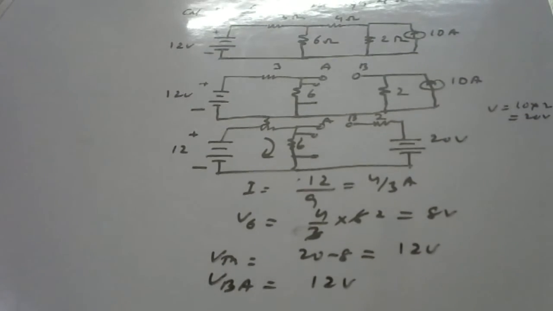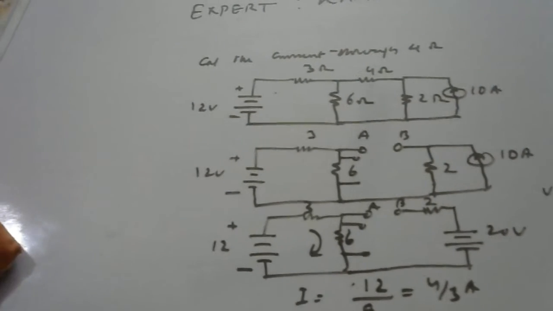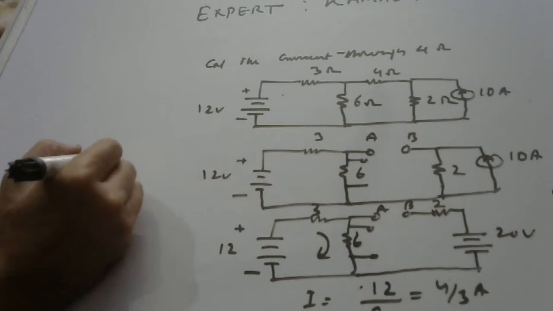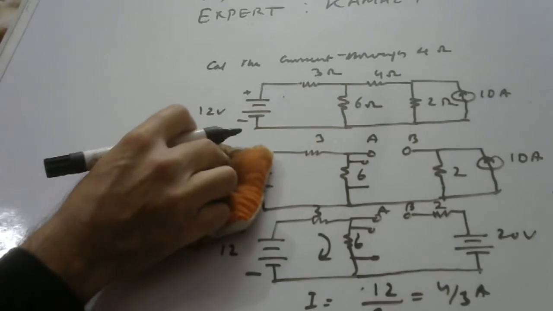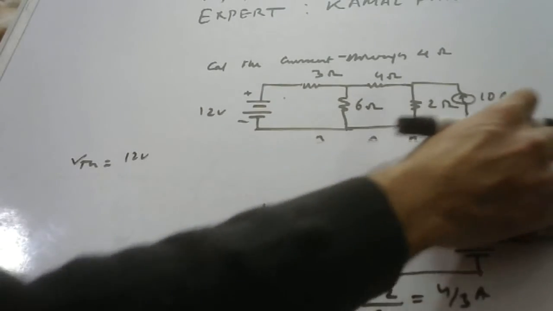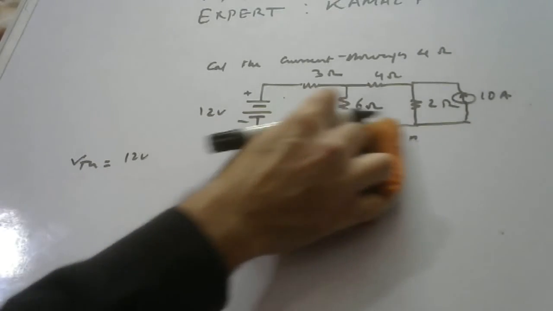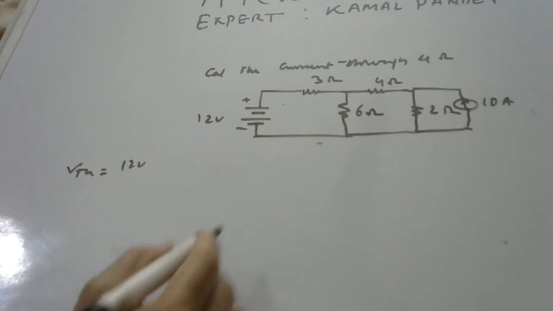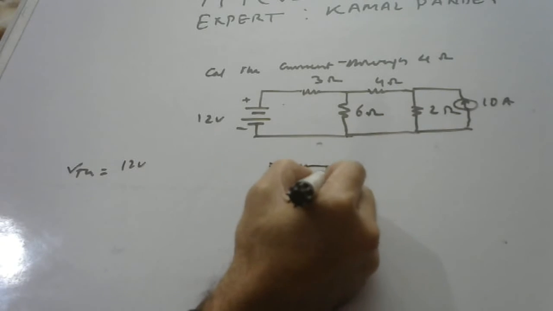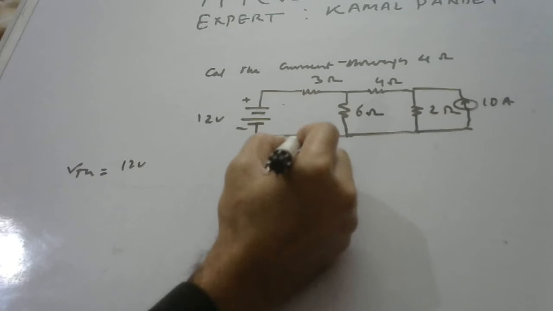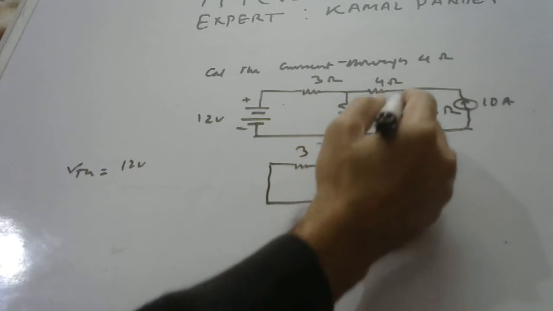Next we calculate the resistance. VTH is 12 volt. We calculate the resistance of the network by short circuiting the voltage source and open circuiting the current source. 3 ohm, 6 ohm, and this load we have removed.